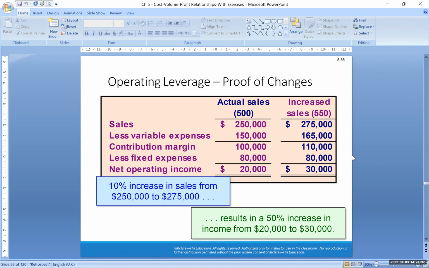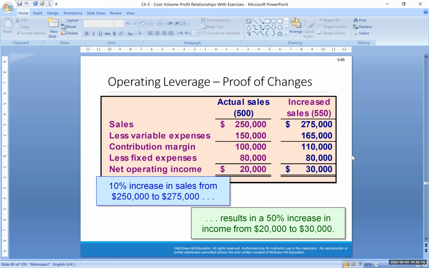The total variable costs for this level: remember that we have $300 variable cost per 1 unit. $300 variable cost per unit times 550 equals $165,000.